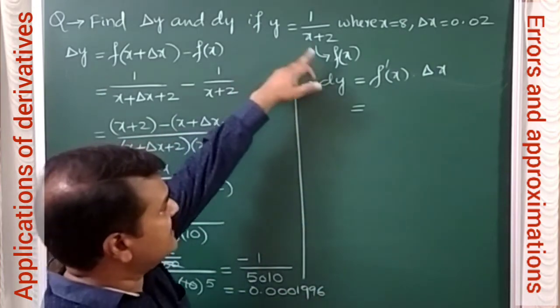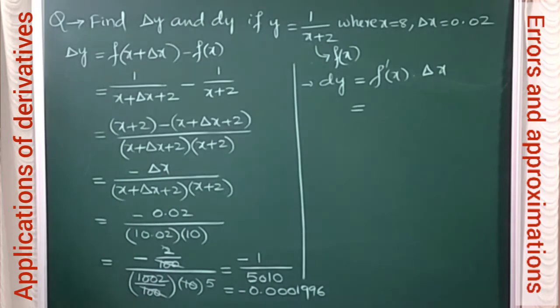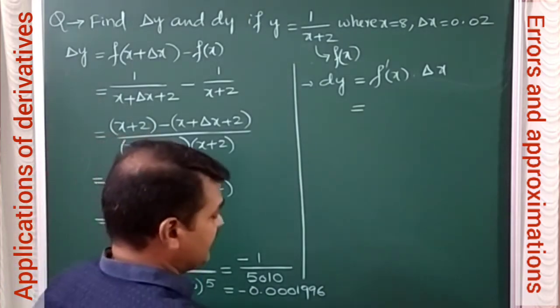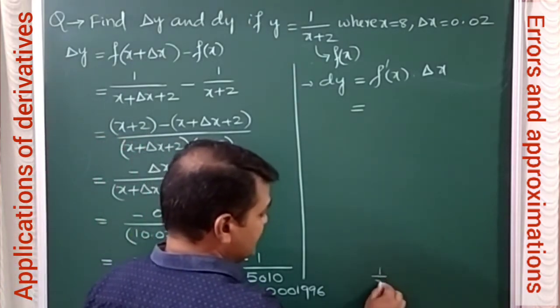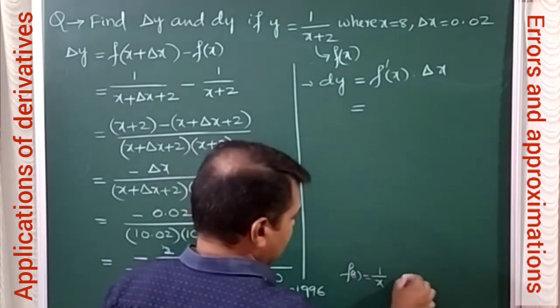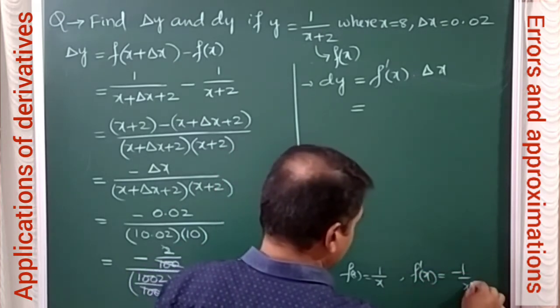So this is f of x actually. F of x is 1 by x plus 2. Therefore, what is f dash of x? We know that when f of x is 1 by x, then f dash of x will be minus 1 by x square.